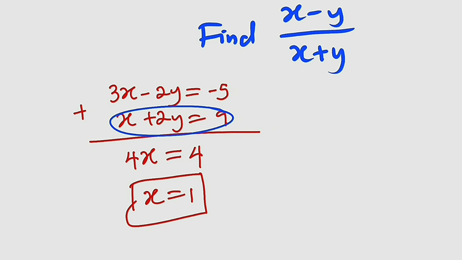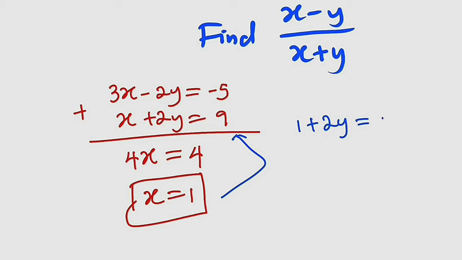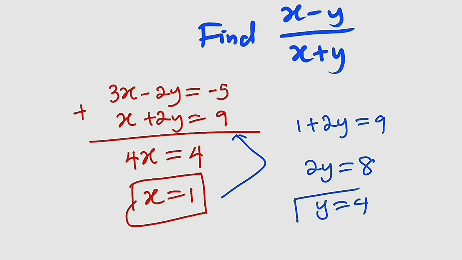I would like to take equation number 2, where x is 1. So plugging it here, we have 1 plus 2y equals 9. If you take 1 to the other side, it becomes negative. So 2y equals 9 minus 1, which is 8. Divide both sides by 2, you have y equal to 4. And hence the value of y is equal to 4.